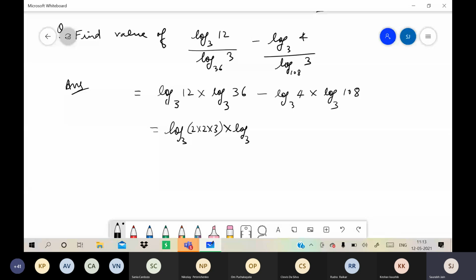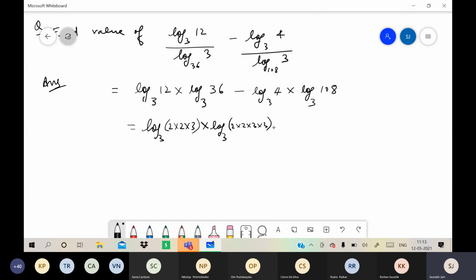Prime factorization of 12 is 2 into 2 into 3, then 36 is 2 into 2 into 3 into 3, and 4 is 2 into 2. Next, this is 108, so it will be this. This is the prime factorization.